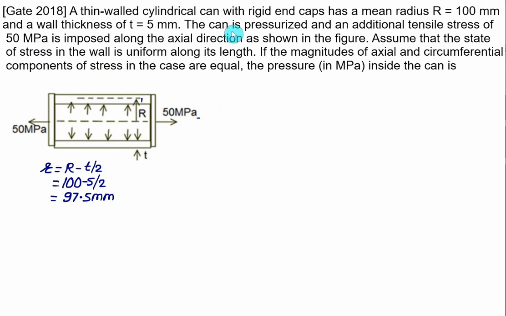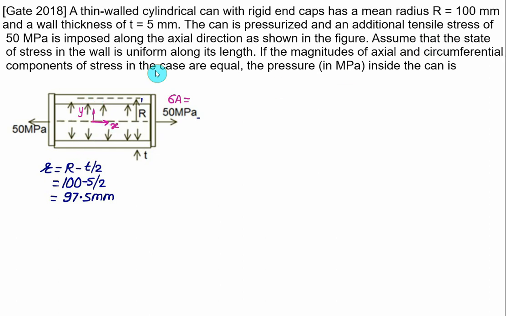The can is pressurized and an additional tensile stress of 50 megapascal is introduced. So this extra stress is imposed, equal to sigma A along the axial direction, that is along the x direction. So this direction we treat as x, and the vertical direction is y. So the axial stress is produced along the x direction and the hoop stress is produced along the y direction.